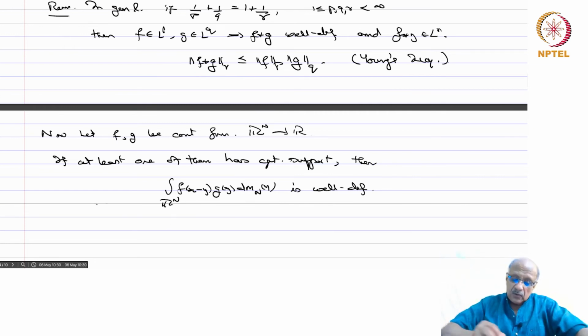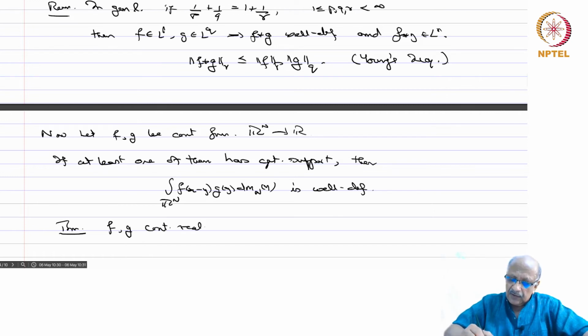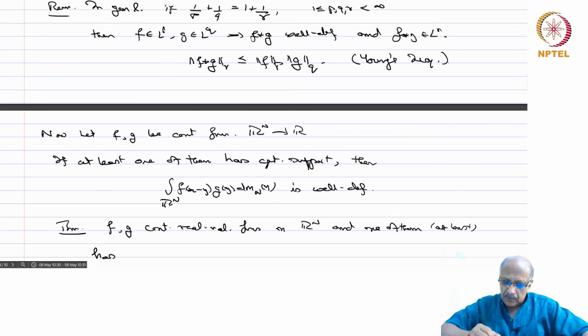Now, so we can define f star g like this. Then the theorem: let f, g be continuous real valued functions on Rn, and one of them at least has compact support.